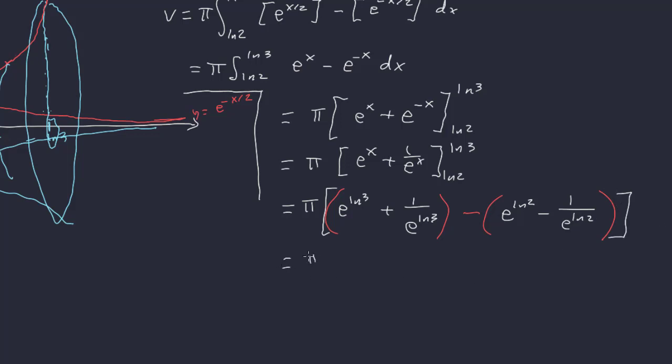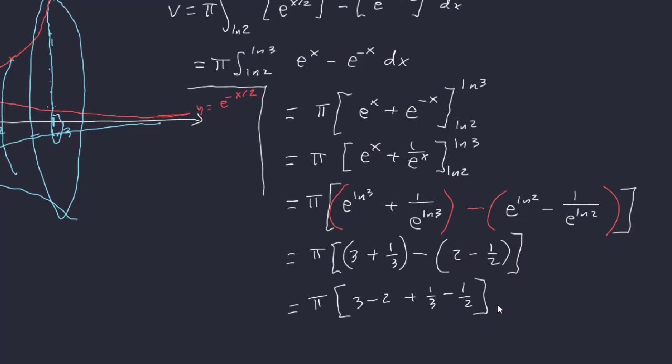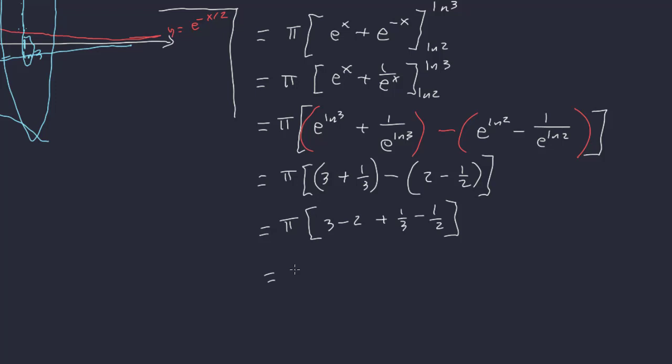Okay, so we'll get pi times, remember these cancel, that'll be 3 plus a third minus, I'm going to leave my parentheses there, 2 minus a half. All right, so it'll be pi times, we'll have 3 minus 2 plus a third minus a half. All right, so we'll get 1.